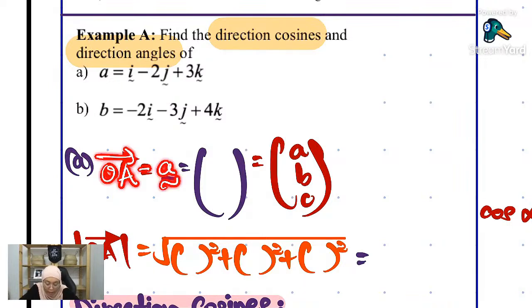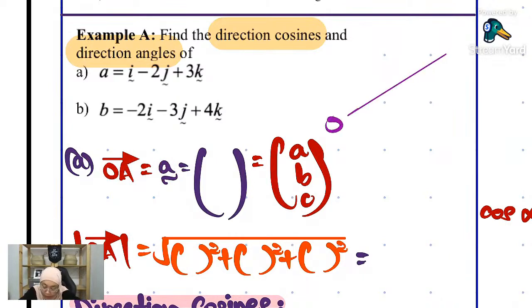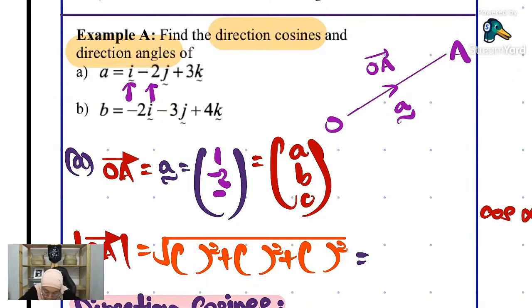It's literally the same thing. If you don't believe it, it is basically from this to this. This is the OA direction. Sometimes I write the vector as A curly, A wave there. Alright, and then I take out the numbers: 1, -2 and 3.